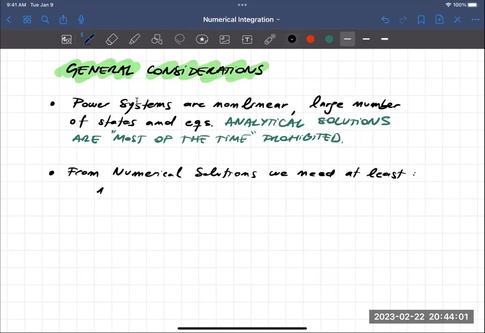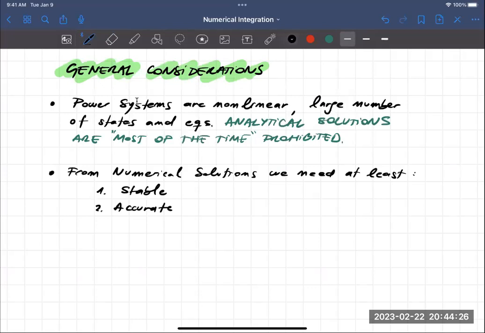Number one, stability, so we're going to say stable. Number two, accurate. Stable means that the numerical solution that we're using is not going to blow up, basically.